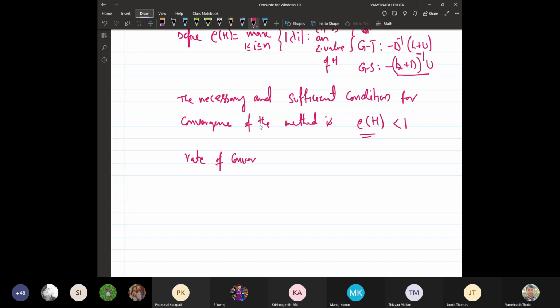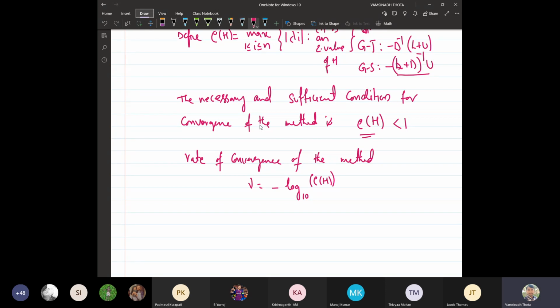The rate of convergence of the method is mu equal to minus log of the spectral radius of H, to the base 10.